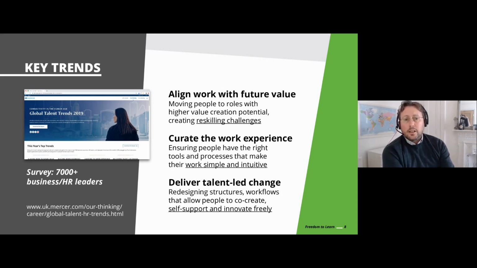The top one, aligning work with future value. What that means is that people need to be in roles where they are adding value to the organization. There are still many cases where organizations, perhaps because of their business models until now, have allowed jobs to be there in ways that perhaps are not adding as much value as they could be.